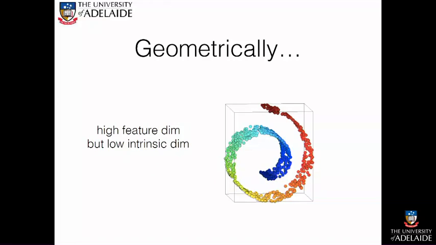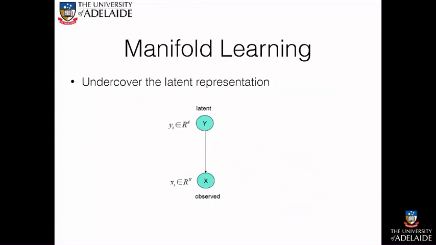So this is the example I just showed you. The original data is 3D, but the underlying dimension, the intrinsic dimension, can be 2D. All right.